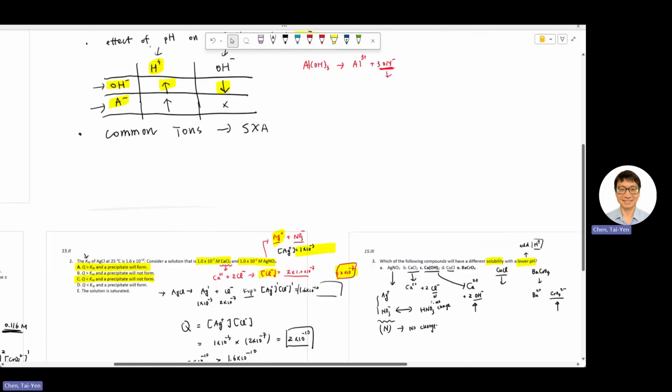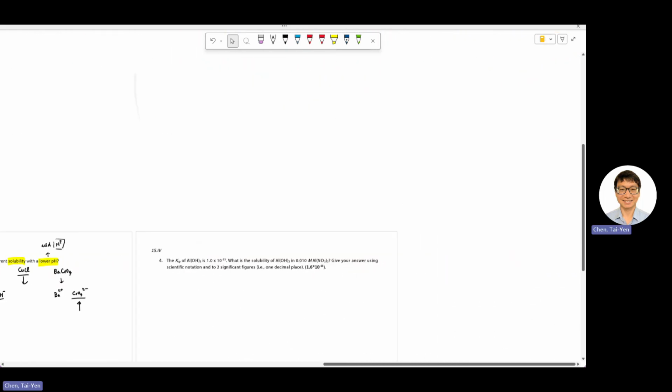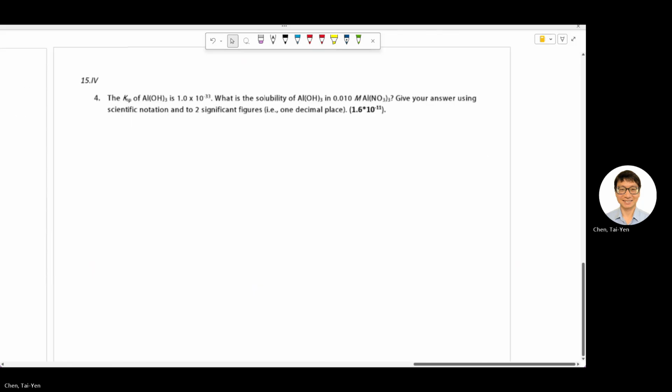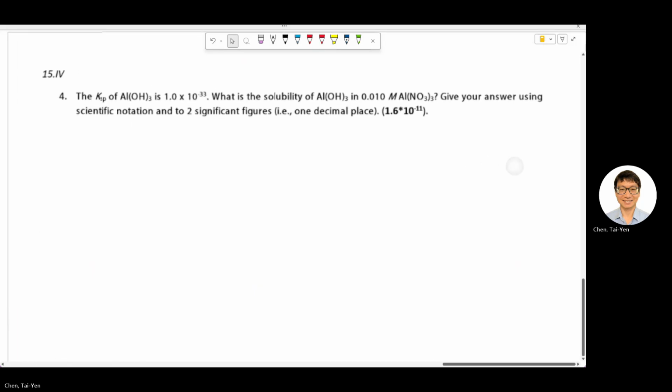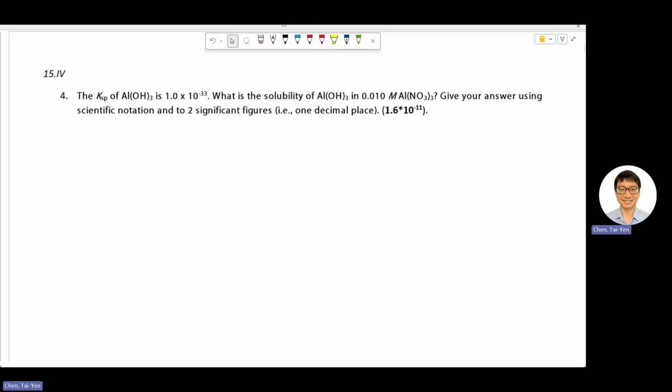I think it's easiest to just do a question, then you understand what it means. All right, so let's read this together and carefully. It says the Ksp of Al(OH)3 is 1.0 times 10 to the negative 33. What is the solubility of that guy in a solution containing Al(NO3)3?